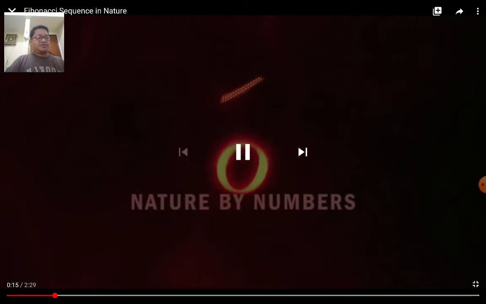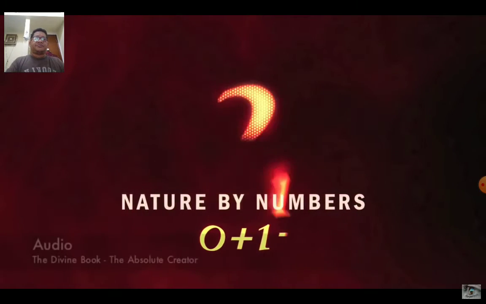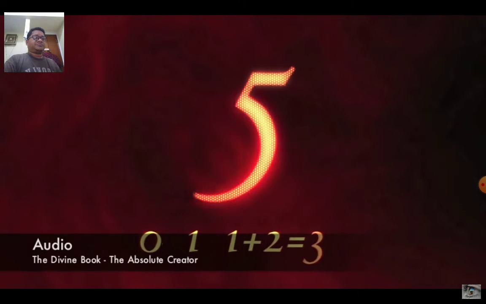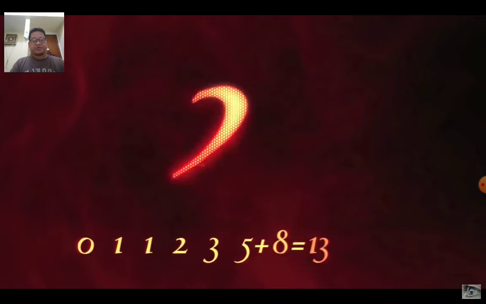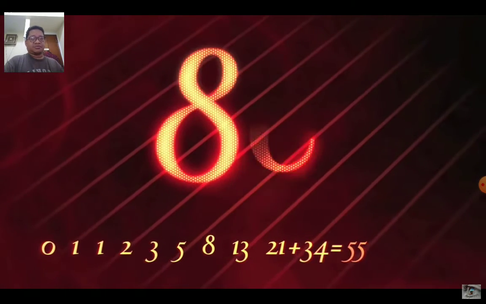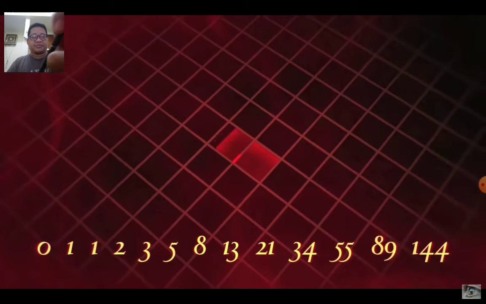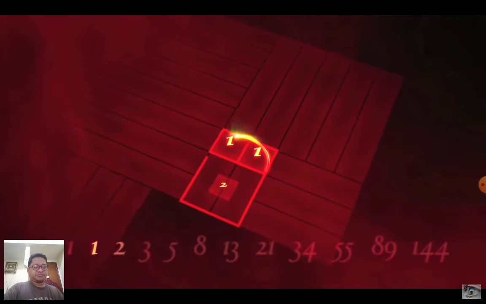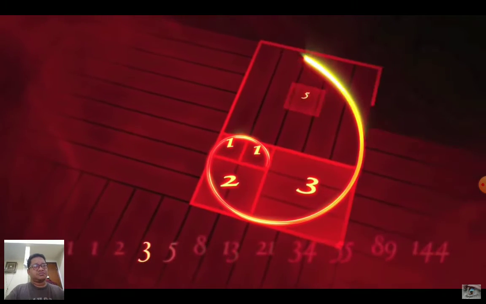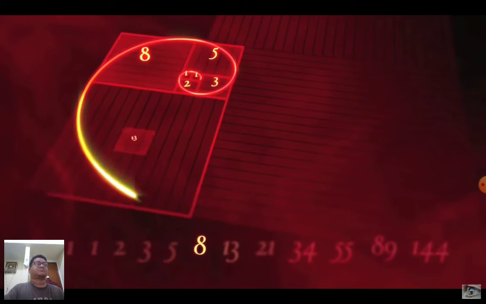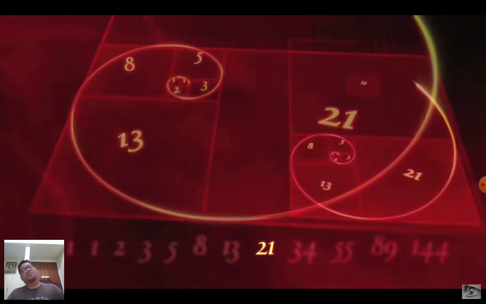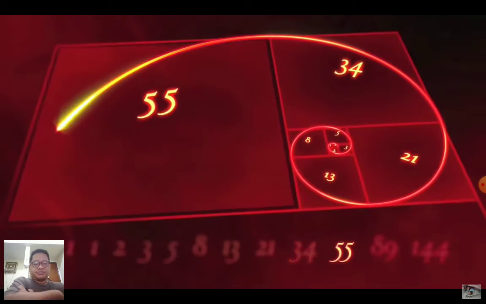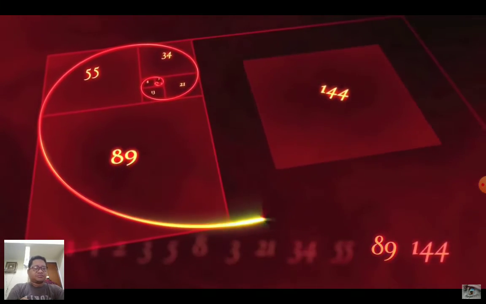Let's watch it together. The sequence begins with the numbers 1, 1, 2, 3, 5, 8, 13, 21, 34, and continues indefinitely. Each number is obtained by adding the last two digits together. If we were to take a perfect or golden rectangle, break it down into smaller squares based on Fibonacci's sequence, and divide each with an arc, the patterns begin to take shape.